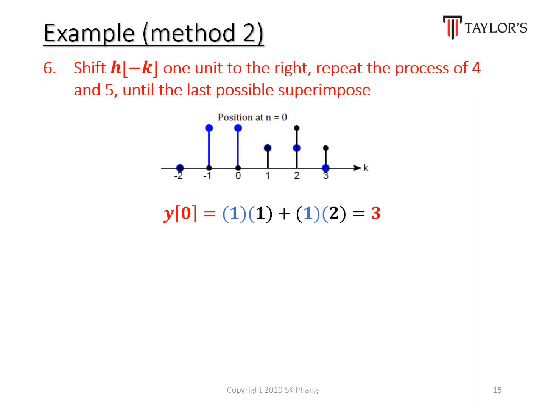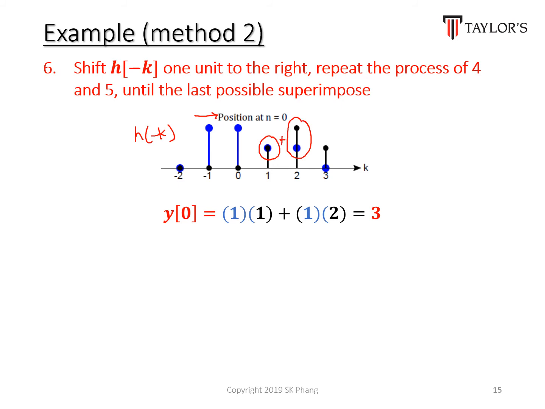For the next step, you will need to shift your h minus k one step to the right. So this is fixed, you step it one step to the right, and then you apply the same principle where you multiply all the superimposed instances, and then you add them together.